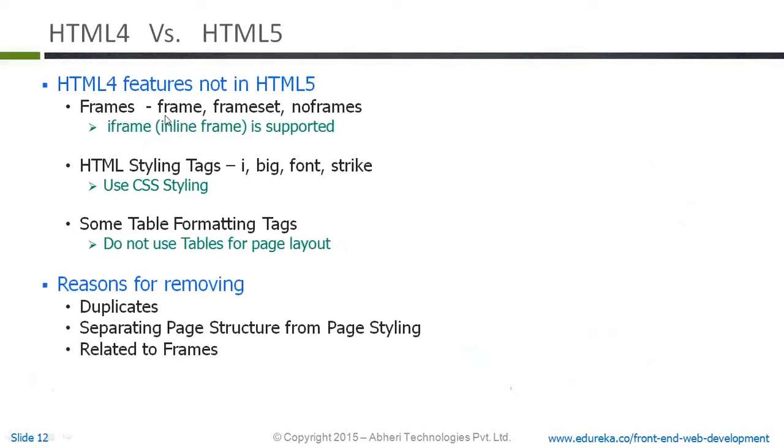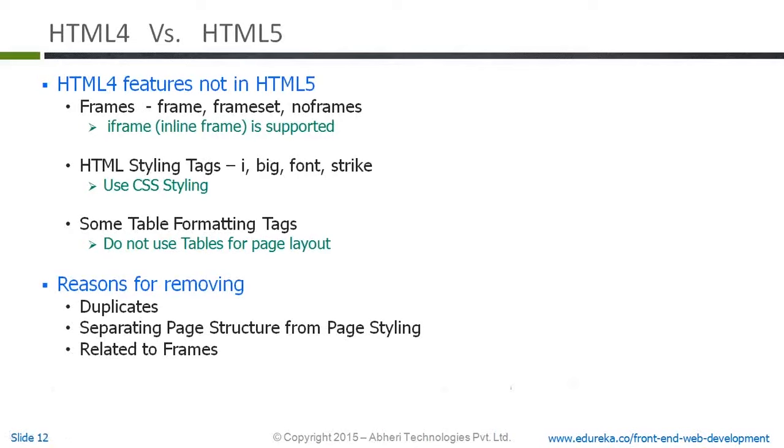All these 3 are HTML 4.01 element tags, and all of them were removed in HTML5. Only iframe, which is called inline frame, is supported in HTML5. So if you are creating an HTML5 page, please do not use the frame, frameset, and noframes tags.